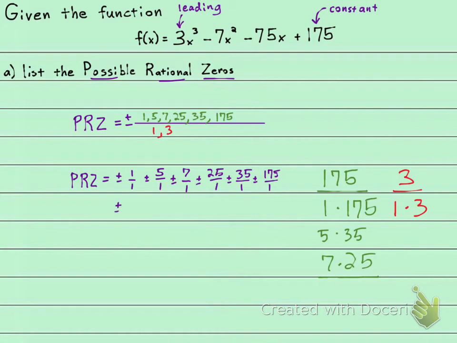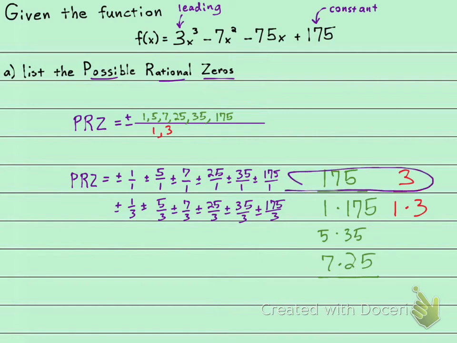So plus or minus 1 over 3, plus or minus 5 over 3, plus or minus 7 over 3, plus or minus 25 over 3, plus or minus 35 over 3, and plus or minus 175 over 3. It would be better if I could put them all on the same line, but I ran out of space, so I put some on one line and some on the other.